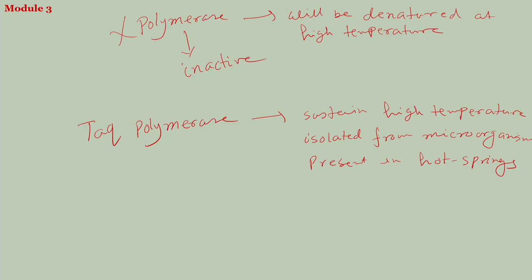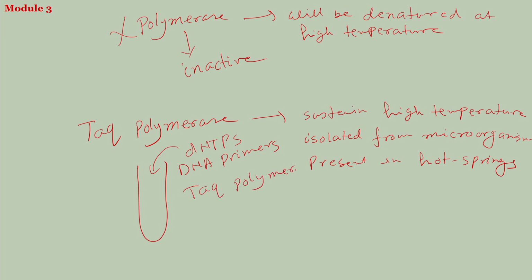So, if you now use this in your laboratory with the dNTPs, with the DNA primers, and the newly found polymerase, at high temperature, you are going to get your amplification of DNA.